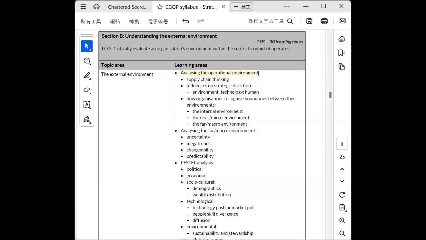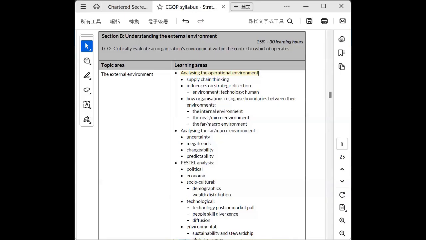When you think about supply chain thinking, we have to think from sourcing raw materials up to delivering your final product. If you use this mindset, this will help you to improve efficiency, reduce waste, and enhance your responsiveness to the customer's needs.